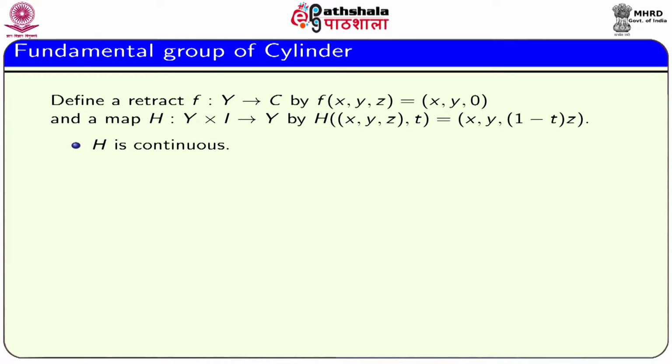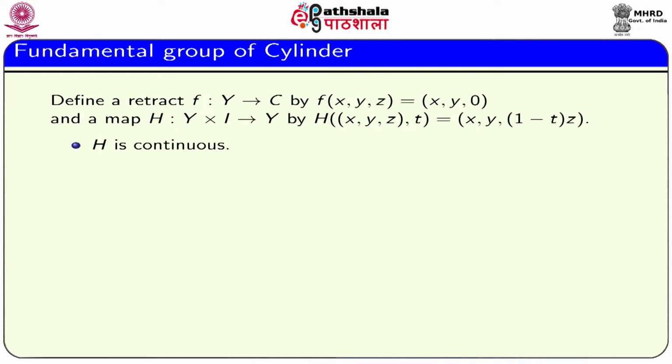Now we define a retract f from Y to C given by f of x, y, z equal to x, y, 0, and we define a map capital H from Y cross I to Y given by H of the triplet x, y, z, comma t, is equal to the triplet x, y, 1 minus t times z.